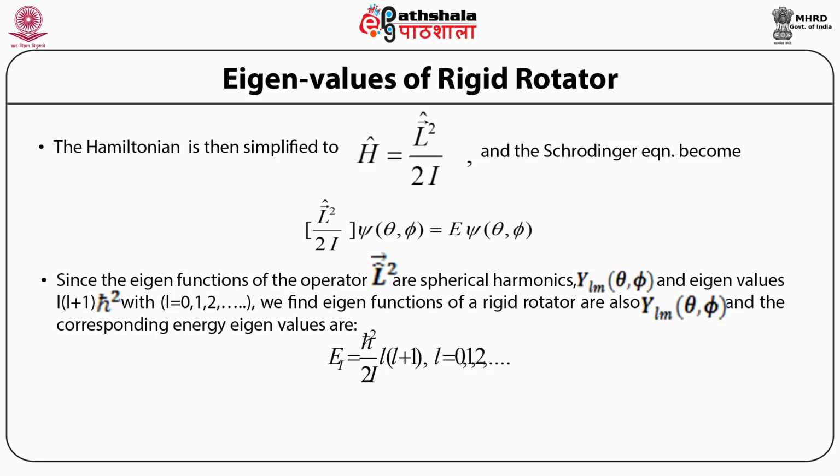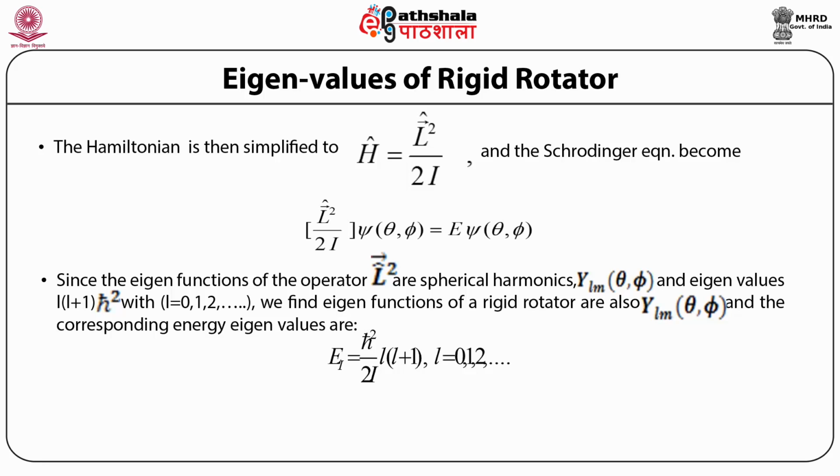Note that the energy eigenvalues are independent of the magnetic quantum number m, which in other words also means that the energy levels are 2L plus 1 fold degenerate.